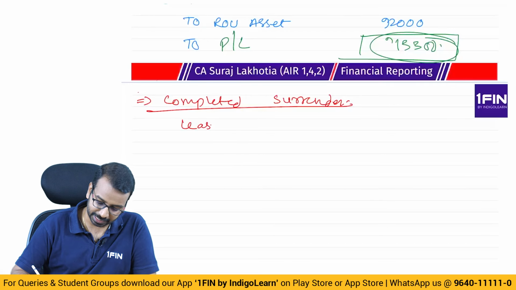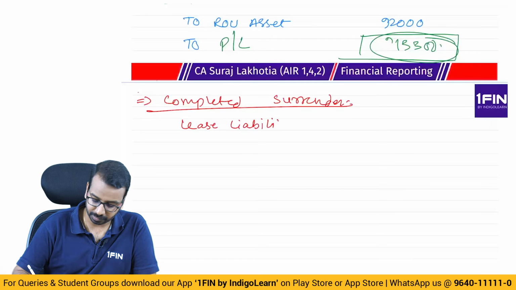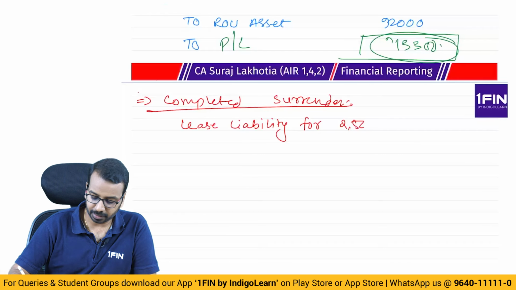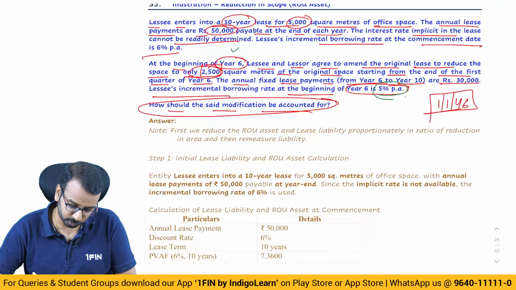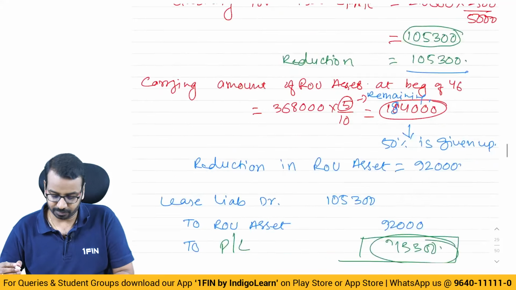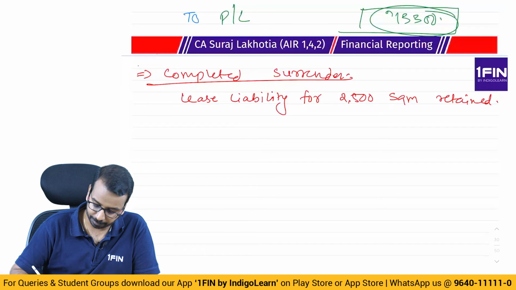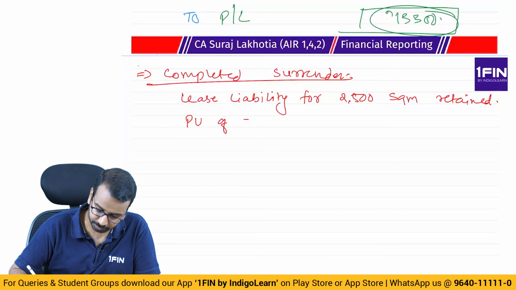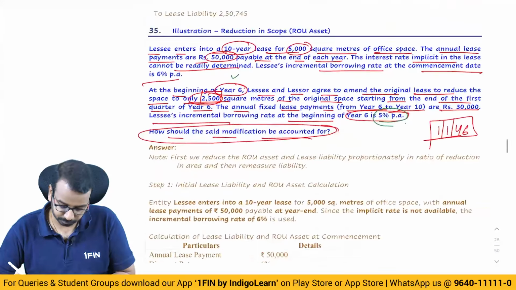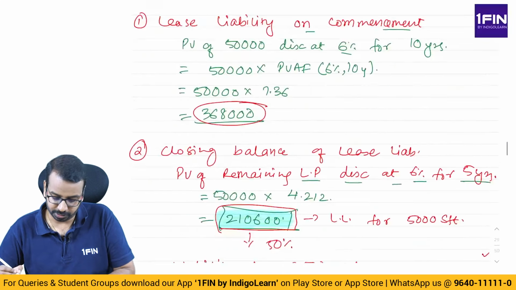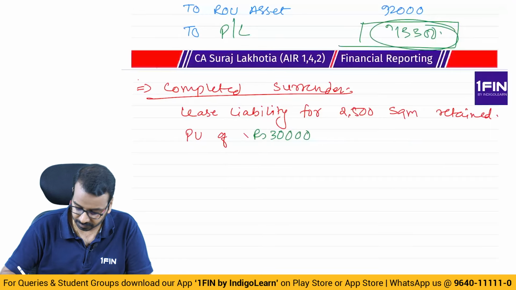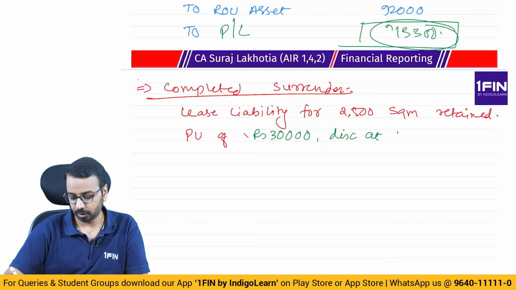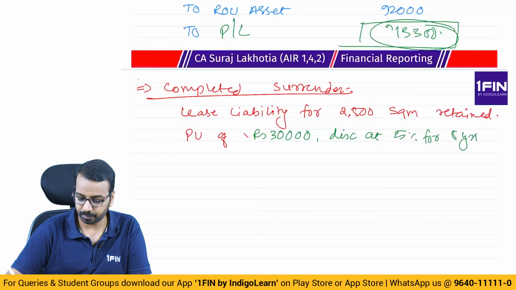So the lease liability for the 2,500 square meters retained, for the remaining 5 years, and the new rate is 5%. So it is the present value of rupees 30,000 discounted at 5% for 5 years.